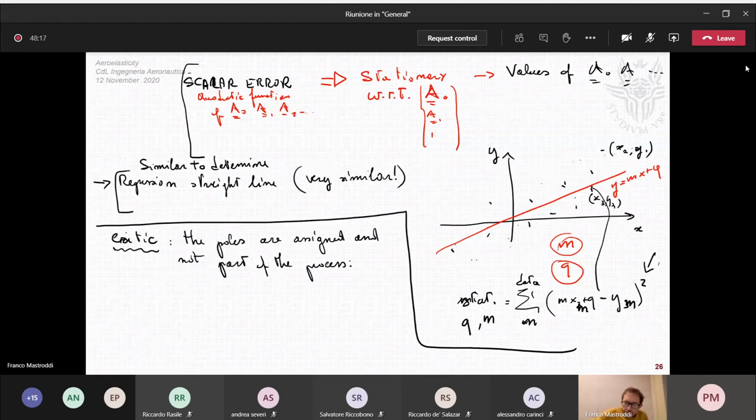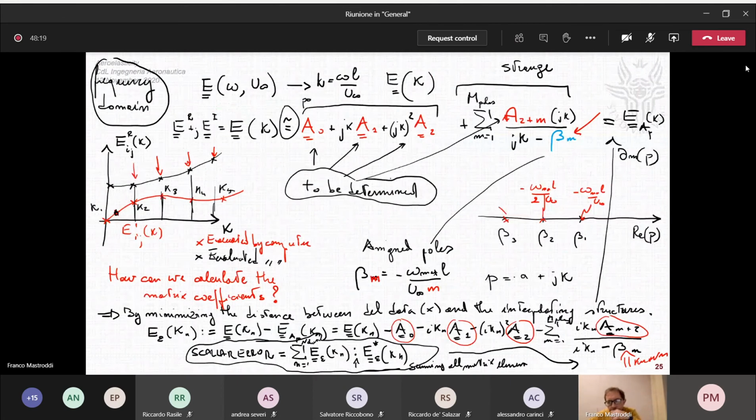If you included also the beta as unknown in this interpolating process, probably you would have a much larger space for finding your optimum interpolating structure.